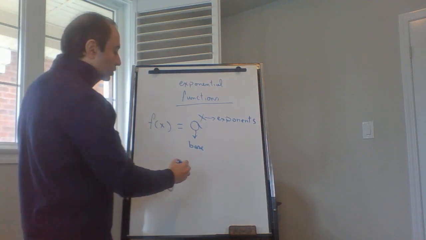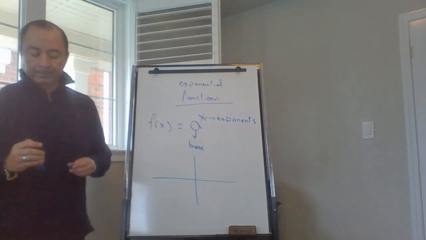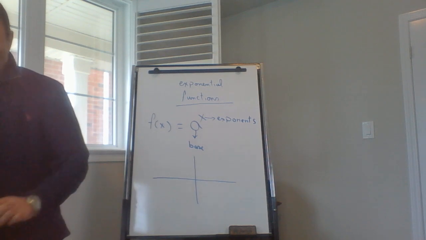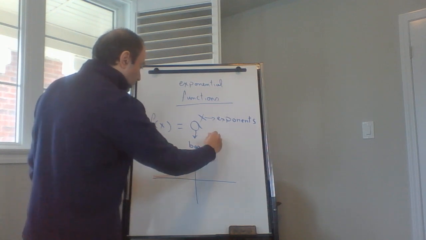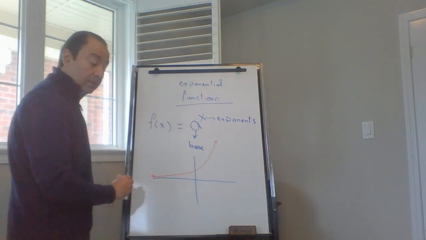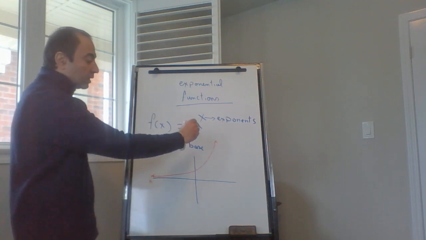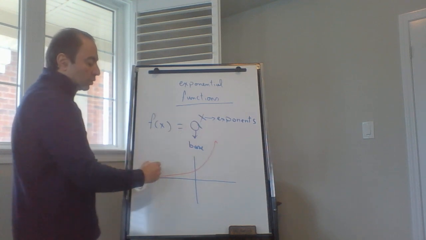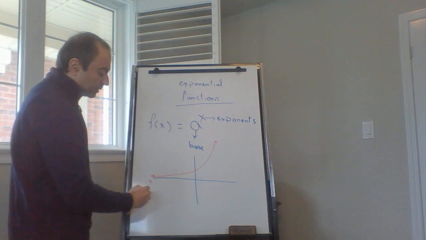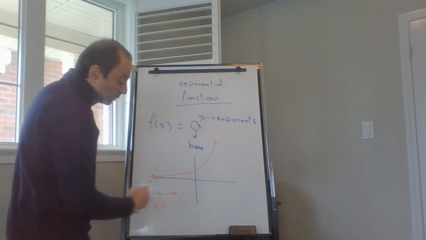All the exponential functions have graphs that have some features. All of them have a horizontal asymptote at the x-axis. So as x goes to negative infinity, y goes to 0.